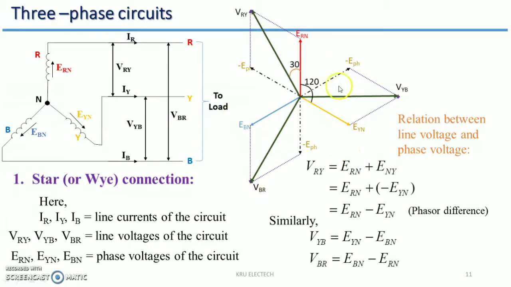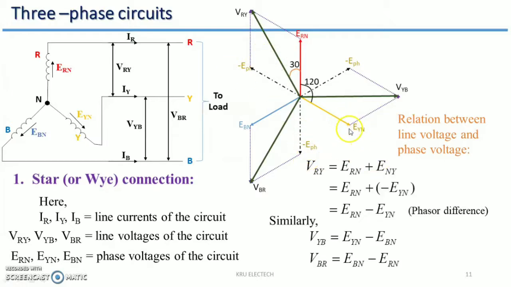The R phase and Y phase are 120 degrees apart, and the Y phase and B phase are also 120 degrees apart. Suppose this is the R phase having positive magnitude; the same magnitude in the reverse direction is the minus R phase voltage, minus ER.